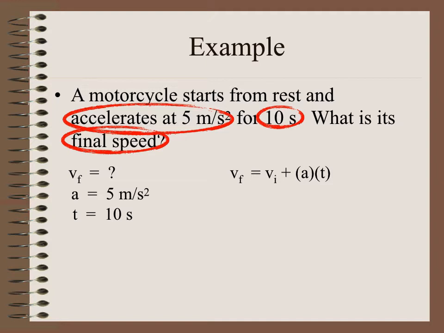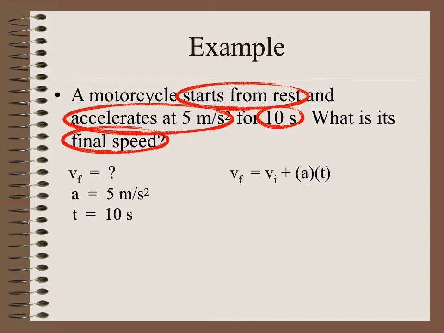So notice at the beginning of the sentence, it says that it starts from rest. This is one of the situations where words are going to tell you things. In the real world, when we take measurements, we don't always have things that give us numbers, and we have to be able to determine values from words, and this is one of those situations.